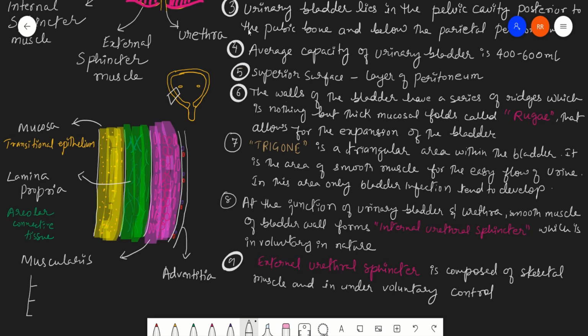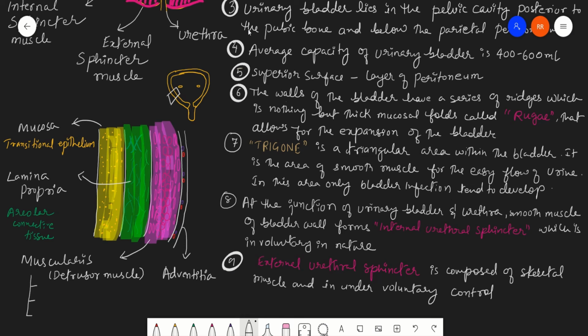And the third one is the muscularis layer, which is also known as the detrusor muscle in the urinary bladder.